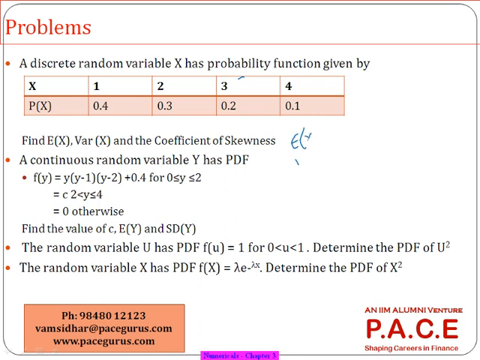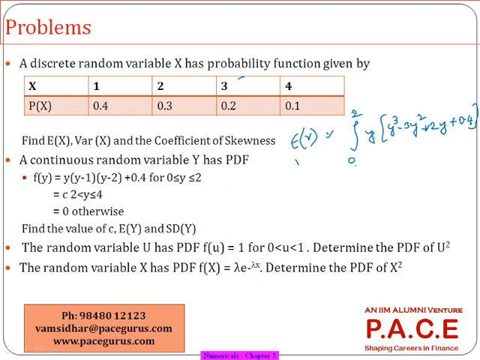Expected value in the continuous case is nothing but the same integration, but the probability function you will multiply with y. It is nothing but y into all that: y cube minus 3y squared plus 2y plus 0.4.